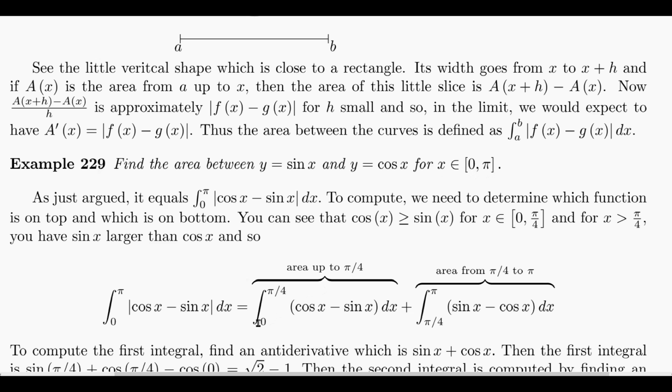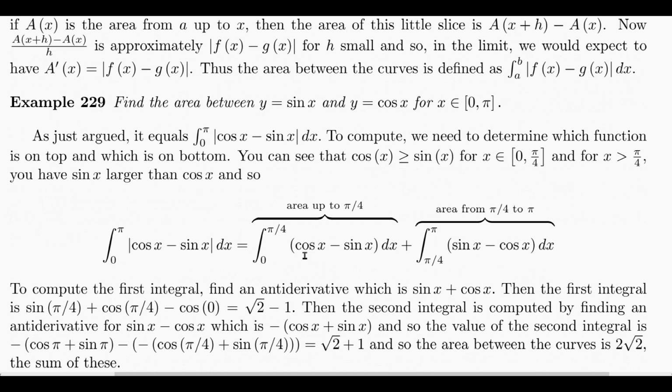Well, what you do is you find the area up to pi fourths, then you add that to the area from pi fourths up to pi. And you have to split the integral because this absolute value has a different description between 0 and pi fourths and between pi fourths and pi.